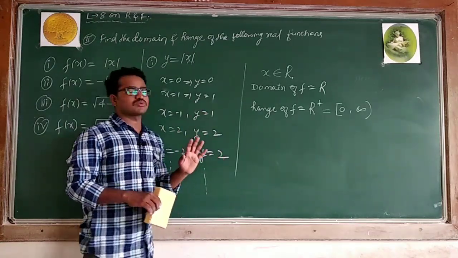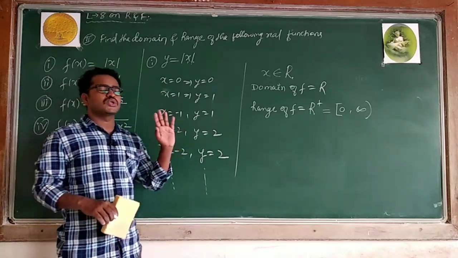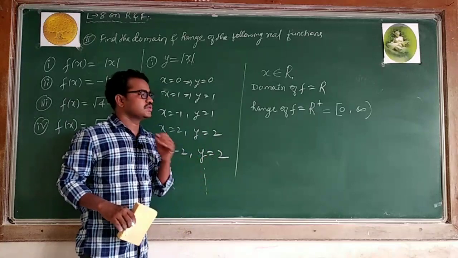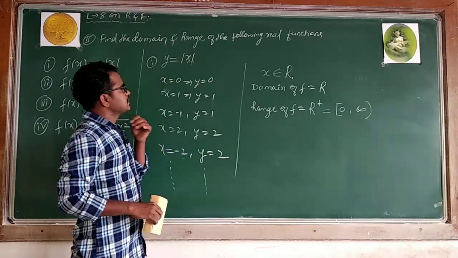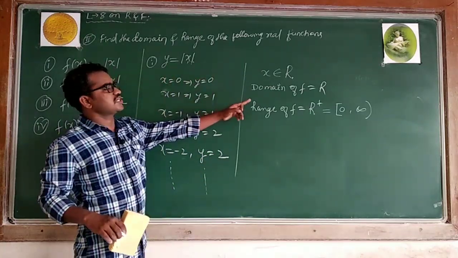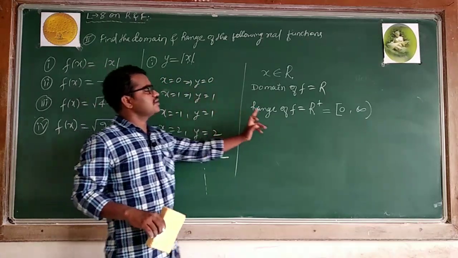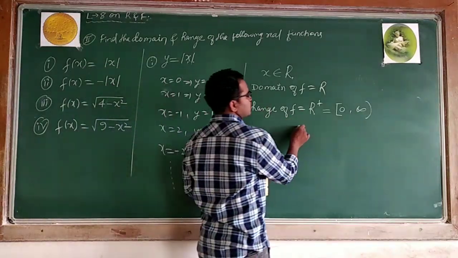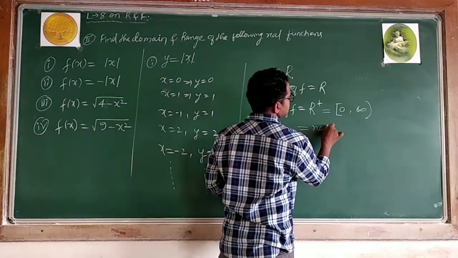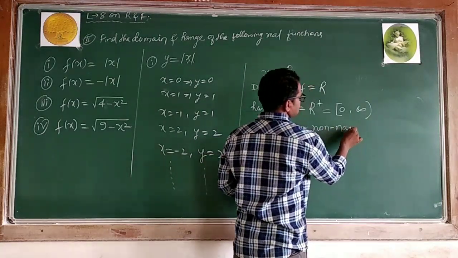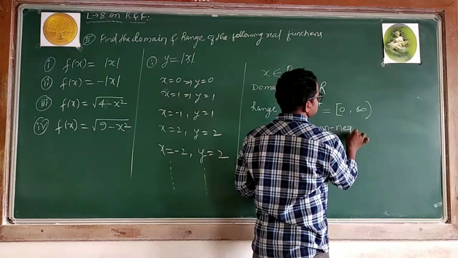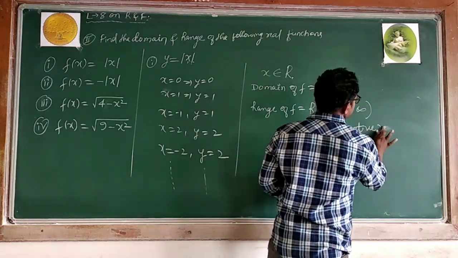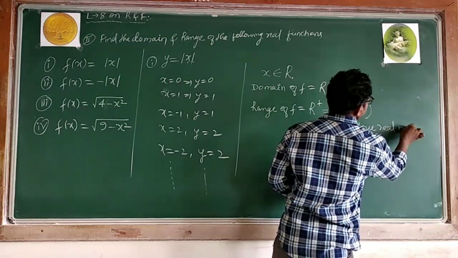R plus is all positive real numbers including 0, so 0 to infinity. So the domain of this function is the set of real numbers, and the range is all positive real numbers, or non-negative real numbers. This is about the first function.